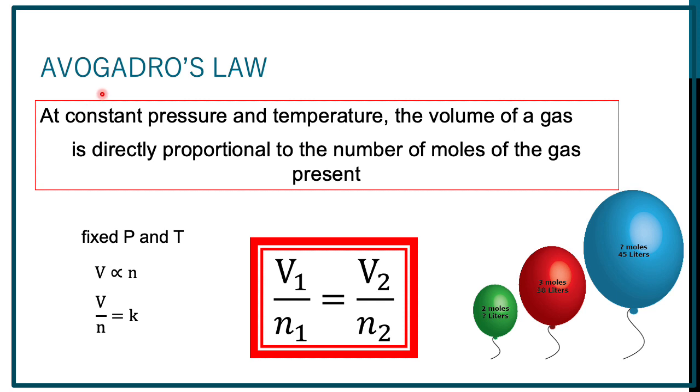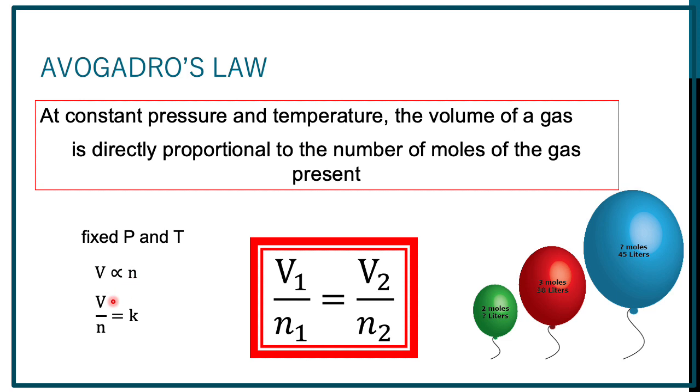Okay, this is another law, that is Avogadro's law. Avogadro's law said that at constant temperature and pressure, the volume of a gas is directly proportional to the number of moles of the gas present. So at fixed pressure and temperature, volume is proportional to n, the number of moles of gas.